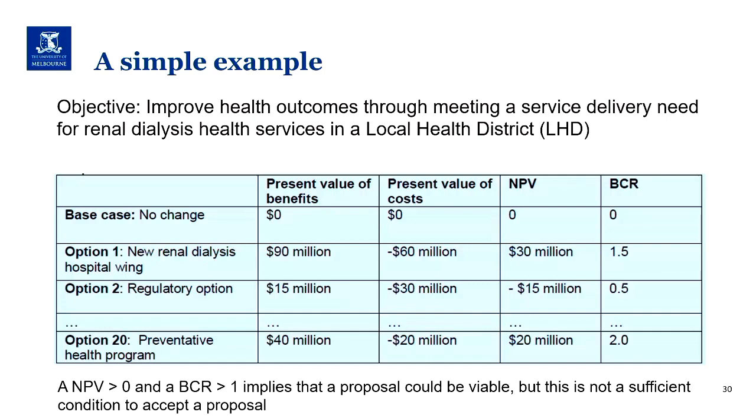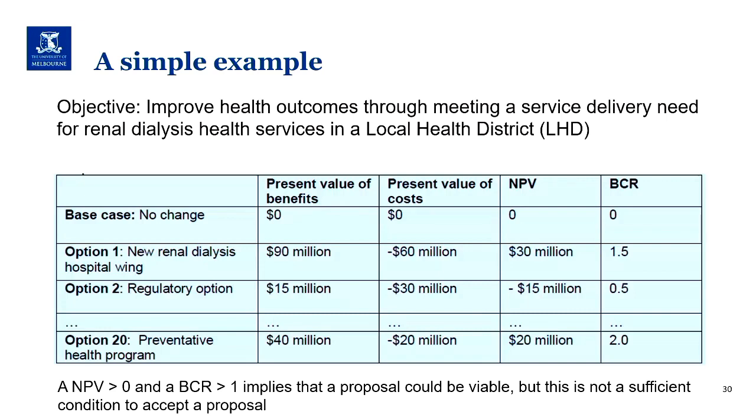And also if you have a benefit cost ratio above 1, that means that the option is viable, but it is not enough to say that you can accept that option, okay? So it is just to come from the long list to the short list. But this is just the general idea. So this is just a simple example of what you're going to see and how you're going to decide between the long list and the short list.